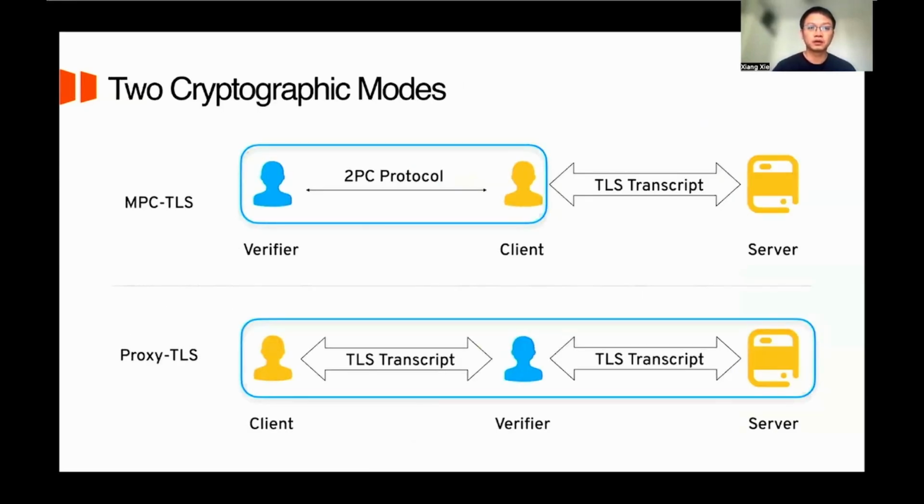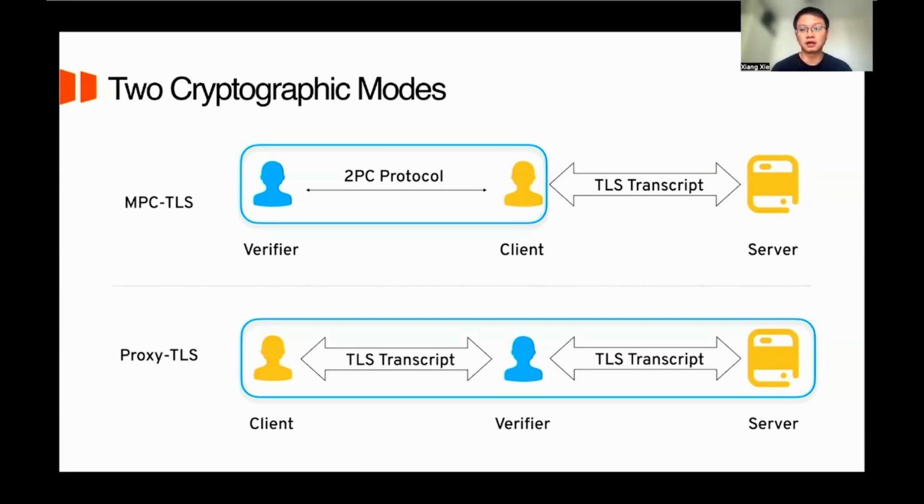In general, there are a lot of different ways to solve this problem. Different people are trying to use TEE, and in this talk, I mostly focus on cryptography modes. In the industry, what I'm talking about is MPC TLS or proxy TLS. MPC TLS means that the verifier and the client run a 2PC protocol to simulate a TLS client and talk to the server.